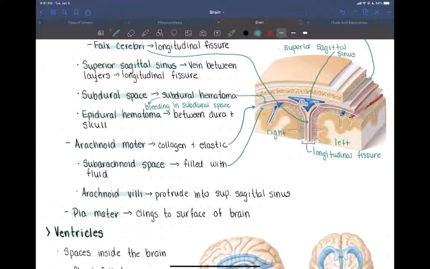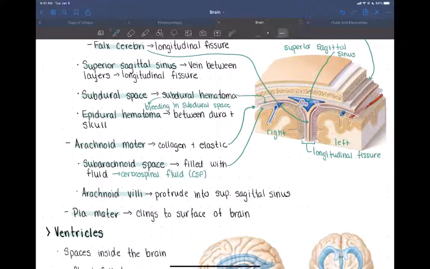That arachnoid space is filled with fluid. That fluid is called cerebrospinal fluid, or CSF. We're going to talk about CSF in detail and how it's made in just a little bit.